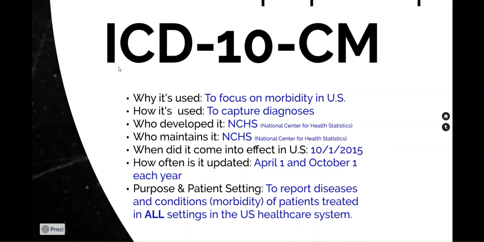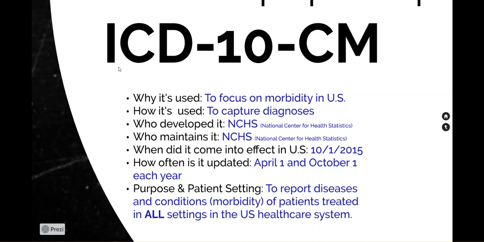So when did ICD-10-CM come into effect? When was it mandated that everyone's using it? October 1st, 2015. How often is ICD-10-CM updated? ICD-10-CM is updated April 1st and October 1st each year. Okay?